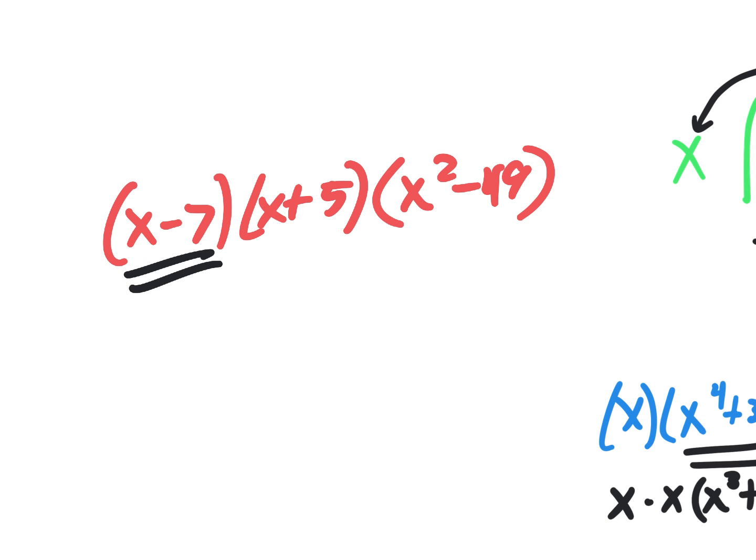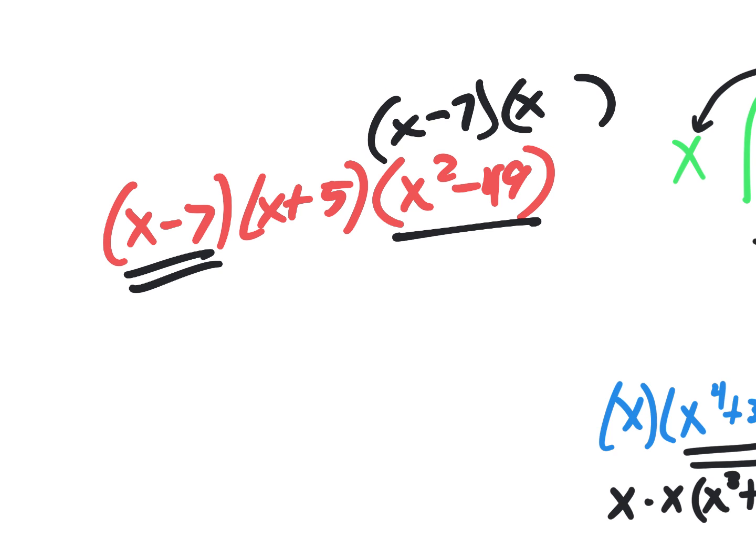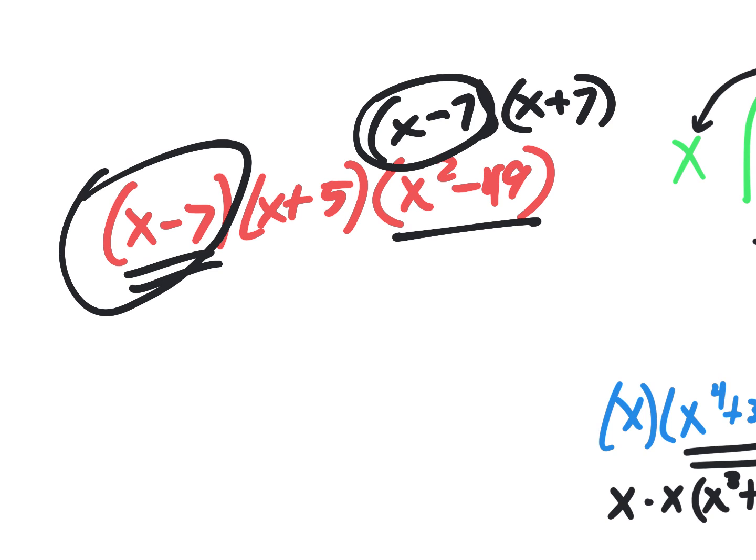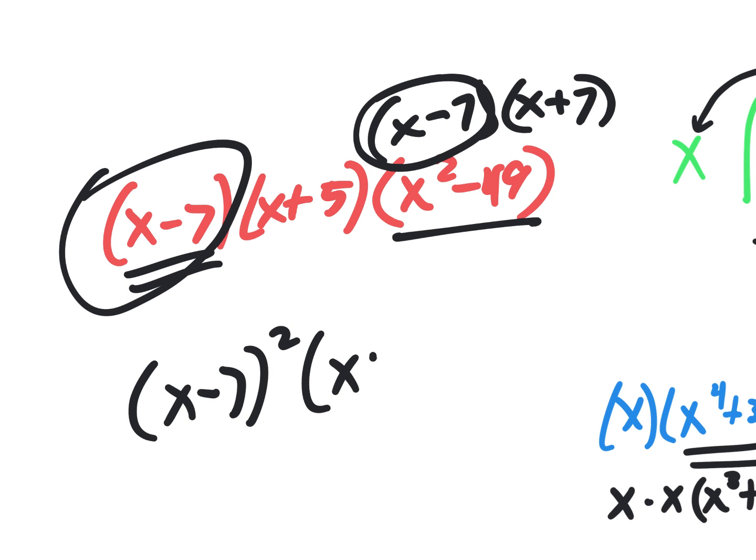So where am I going to get the other one? From the x squared minus 49, because that factors to, close. There you go. And now I've got two of these after all, so they could go together. x minus 7 squared. That means it was a double root.